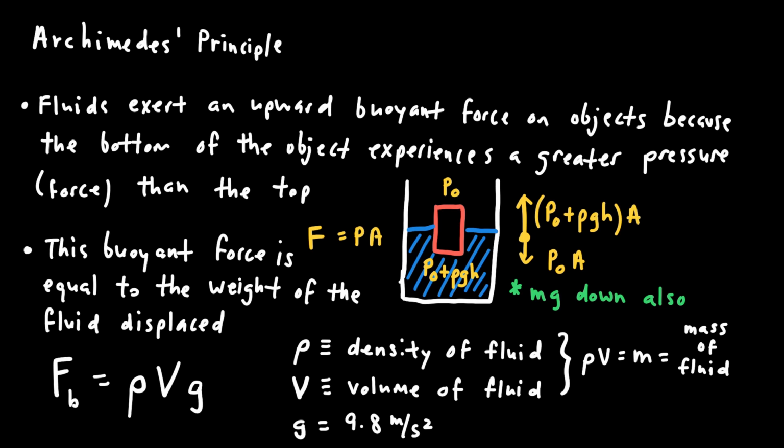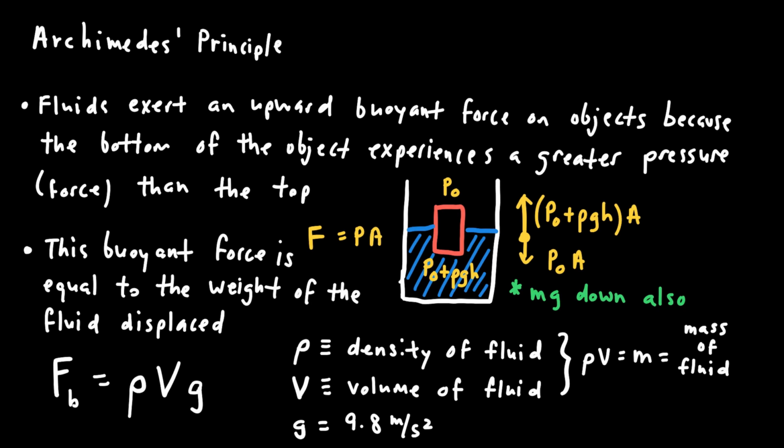And the downwards force caused by the atmosphere pushing down on the top of the object would be the pressure at the top, which is atmospheric pressure, or P naught, times A. And because of this fact, there is an upwards force. You could imagine subtracting those two force vectors, and the result points upwards. And that's what we call the buoyant force.